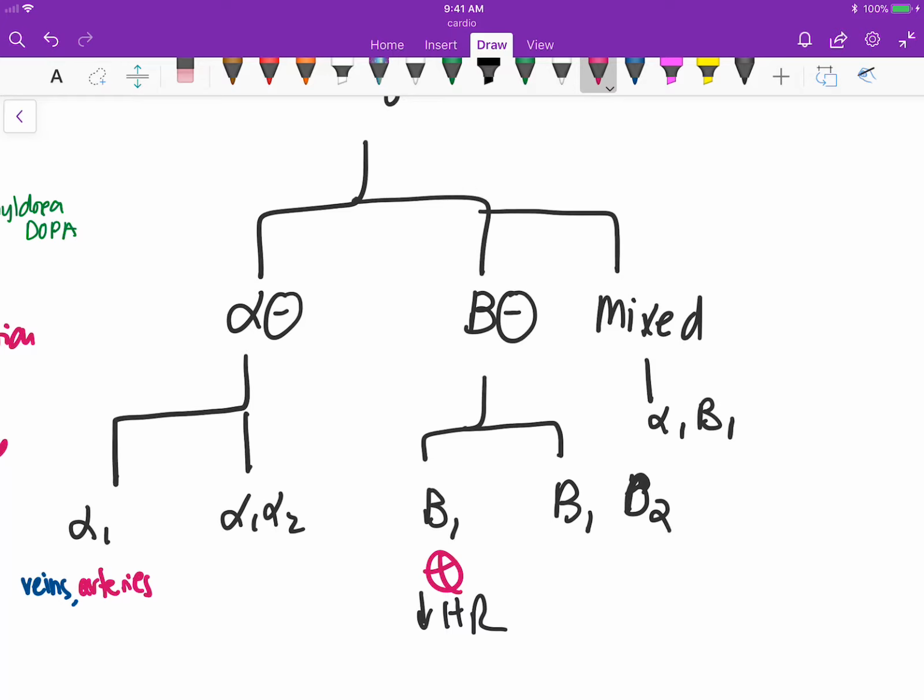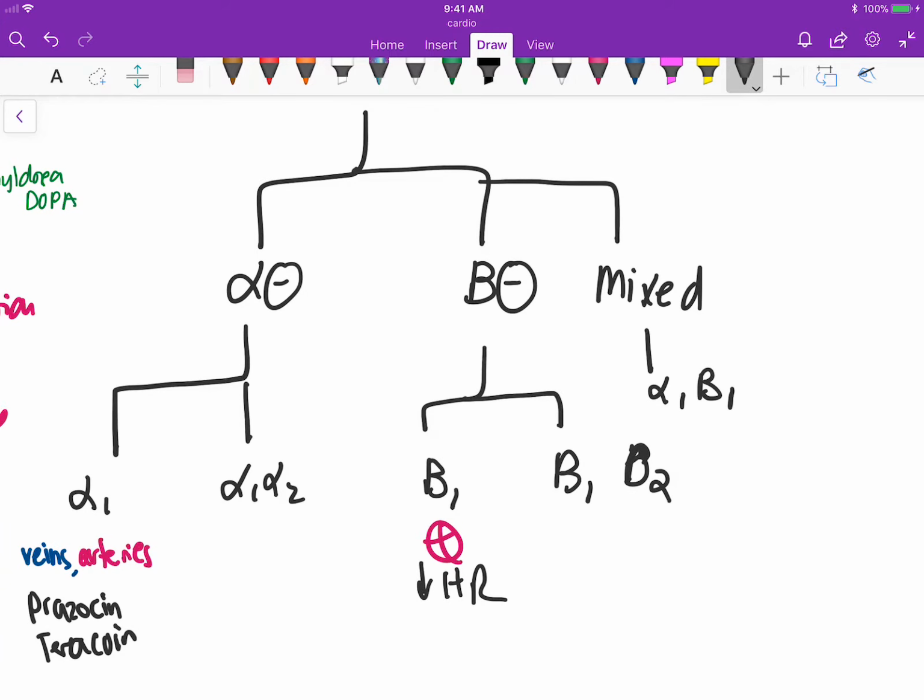Then you have beta blockers. So alpha 1 selective are going to be prazosin, terazosin, and doxazosin.